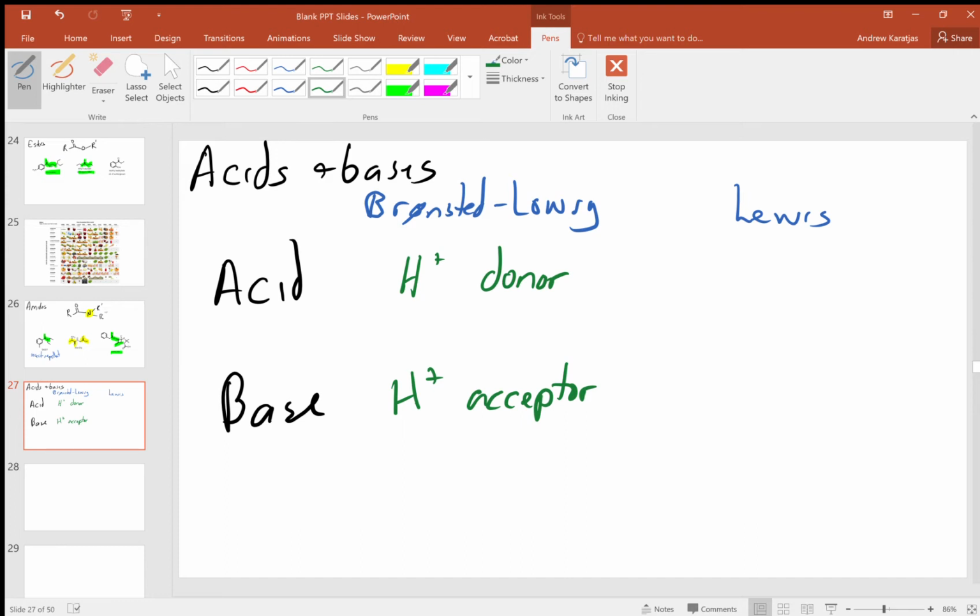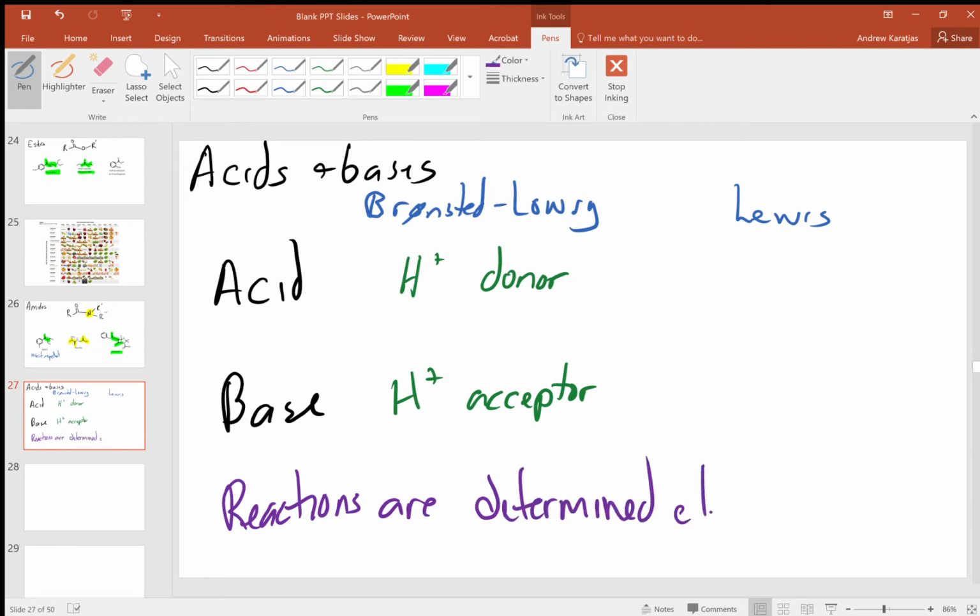And then we said more often, especially in organic chemistry, we use this other definition, the Lewis definition. It's not that the Lewis definition is better or more correct, but when we're talking about reactions in chemistry, what is it that determines whether a reaction takes place? Reactions are all determined by electrons.